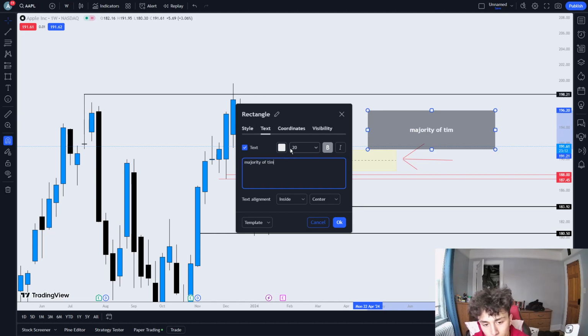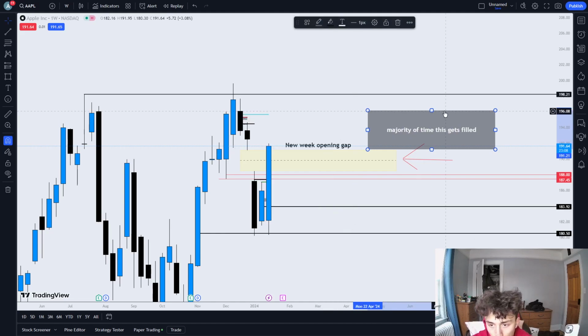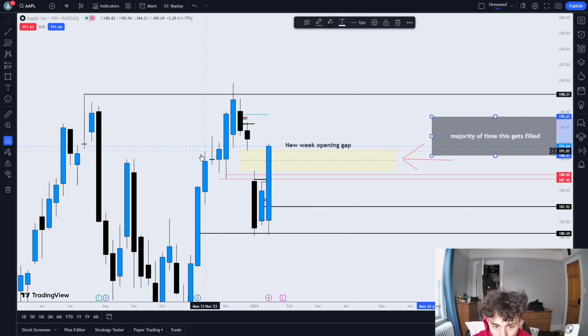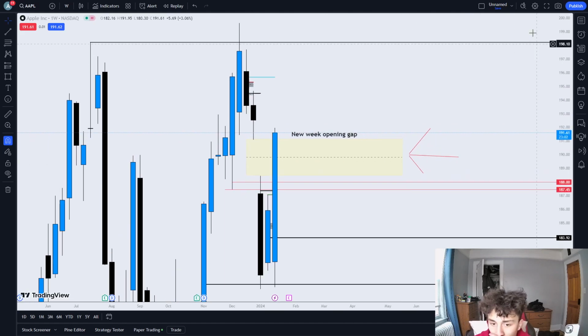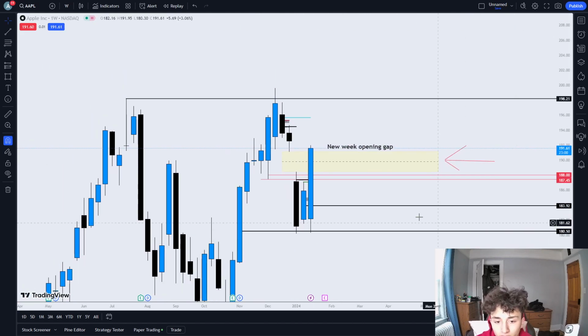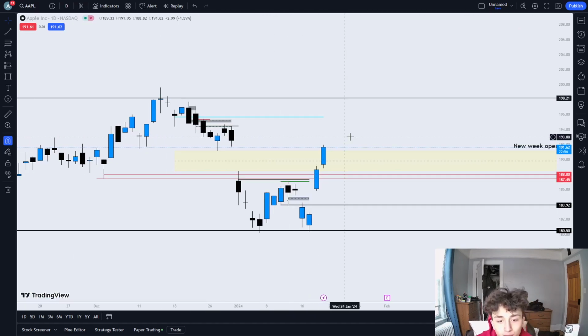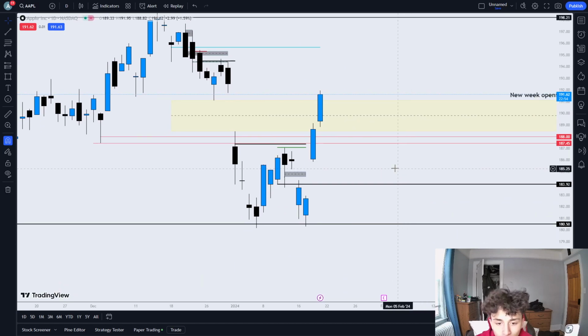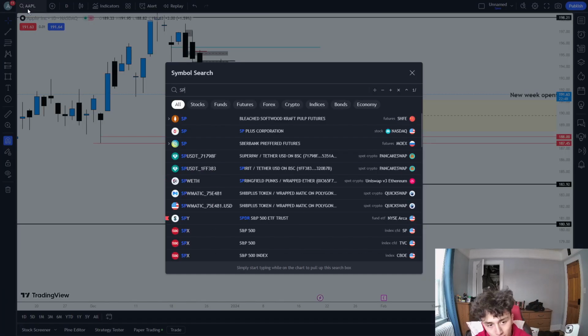Majority of the time that gets filled, we could say, from this candle to this candle, since it's a liquidity void, which it did. Now, I don't know if it's going to continue higher, but that was the whole move that unfortunately I missed out on, right down here. And yeah, back to SPX.